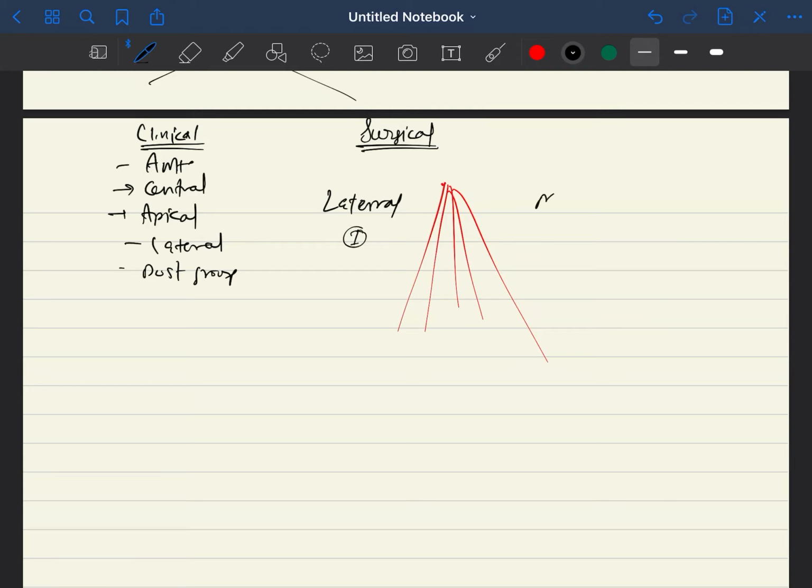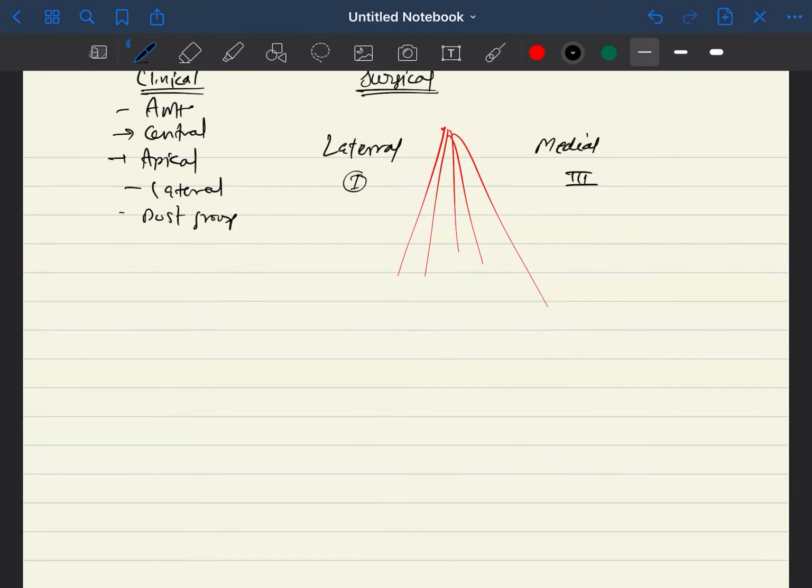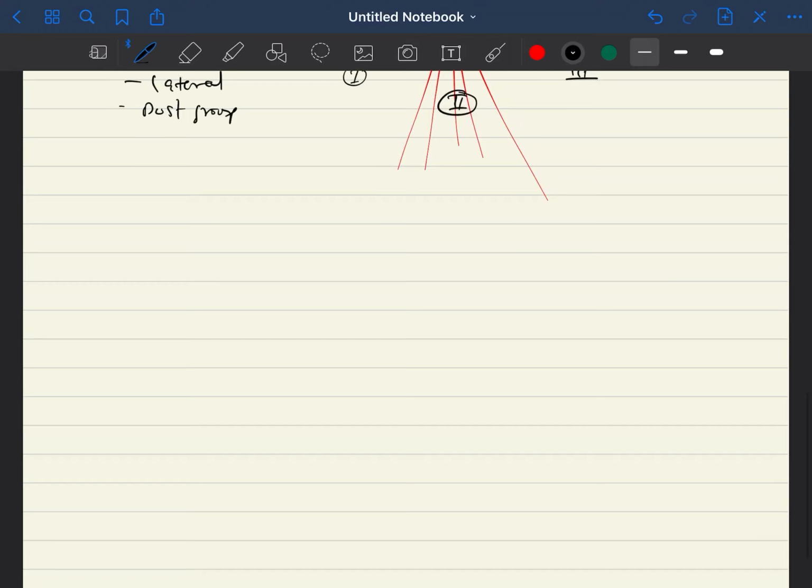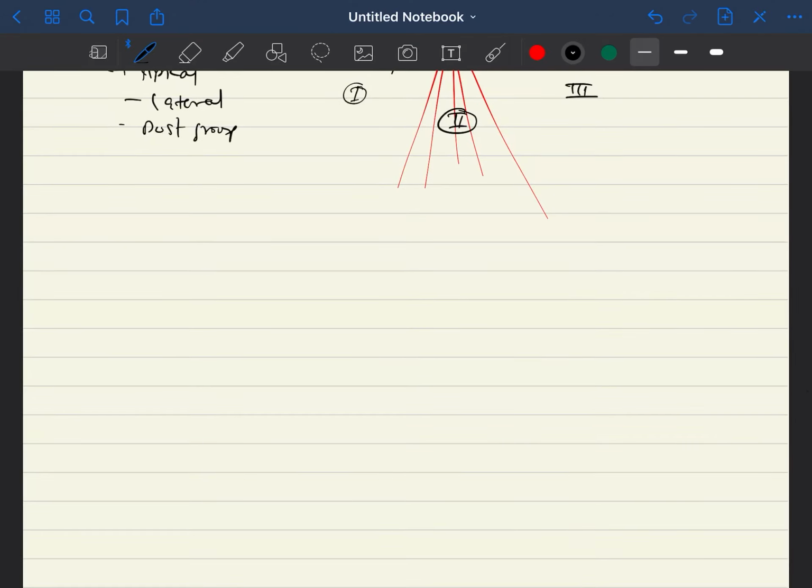The lymph nodes medial to the pectoralis minor muscle are level 3, and the lymph nodes lying under the pectoralis minor muscle are level 2. So there are three levels of lymph nodes in the surgical part. The lymph nodes between the pectoralis major and minor are also called Rotter's lymph nodes. Take note of that.